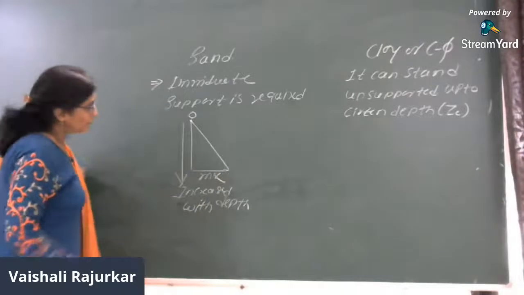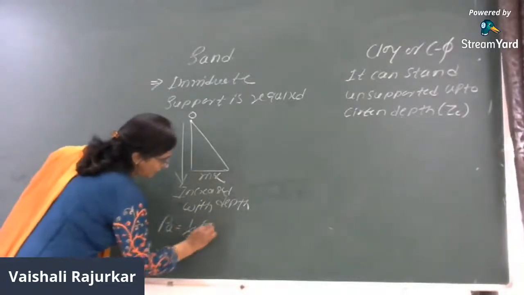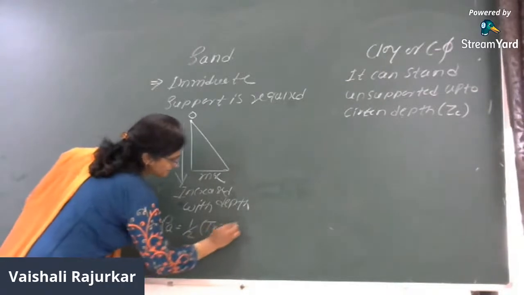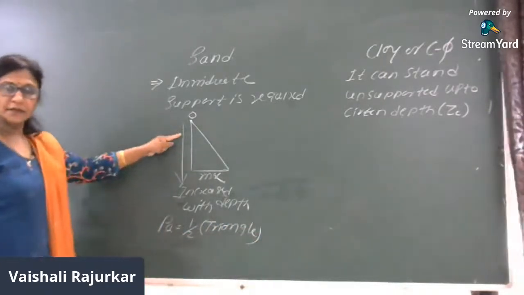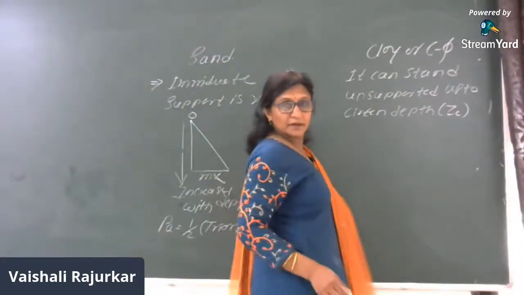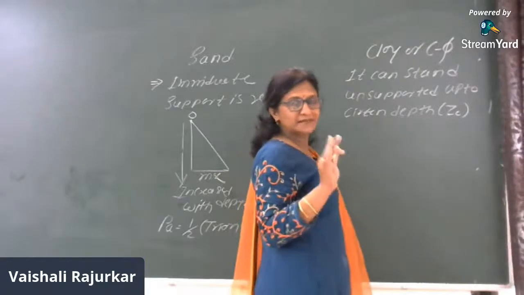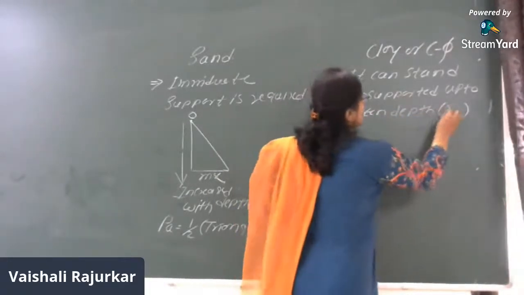Then what is PA? PA is the area of the triangle, right? The whole area is positive. Now in this case, it can stand unsupported up to a certain depth, and that depth is called HC.